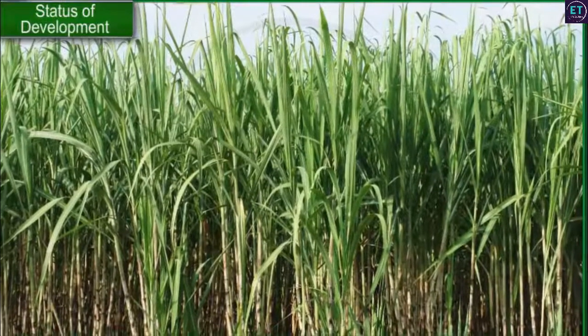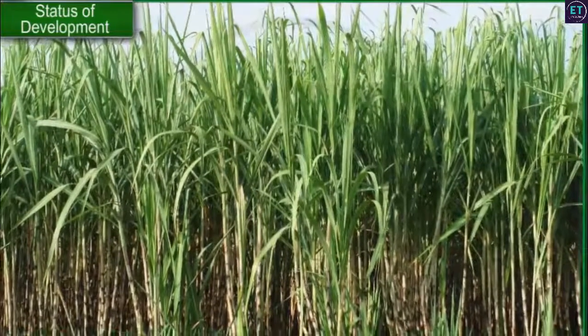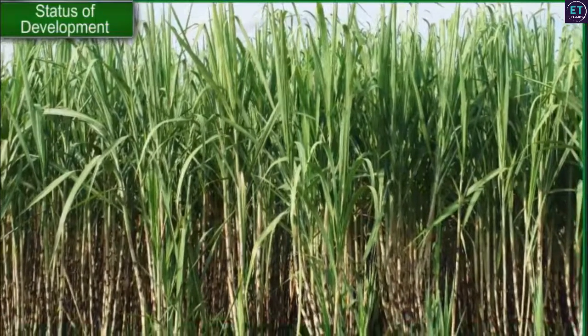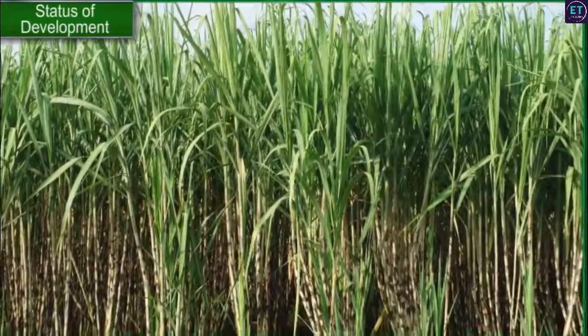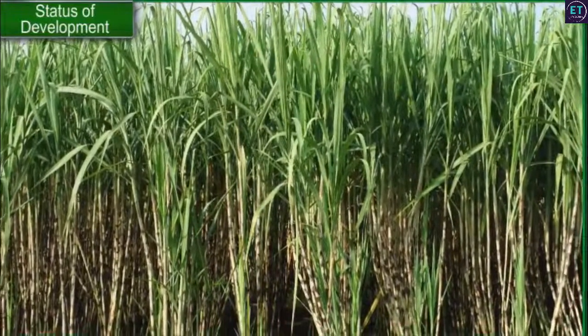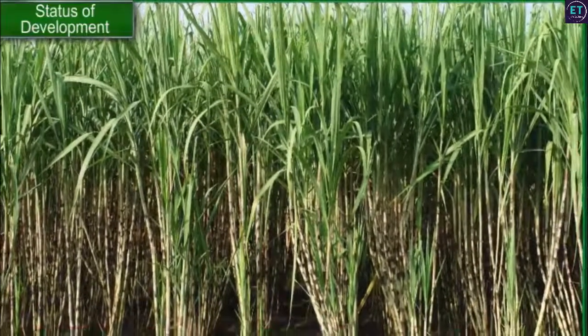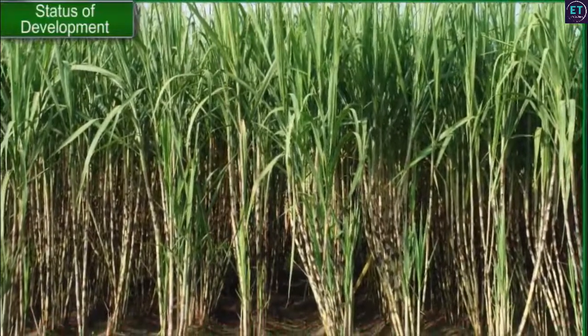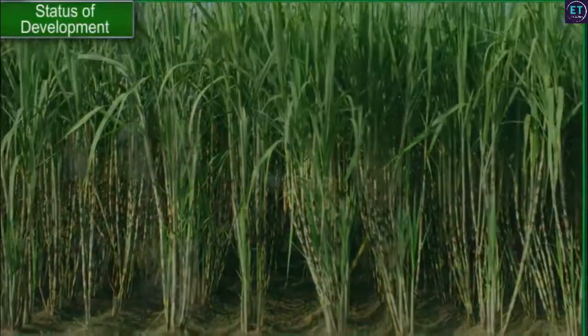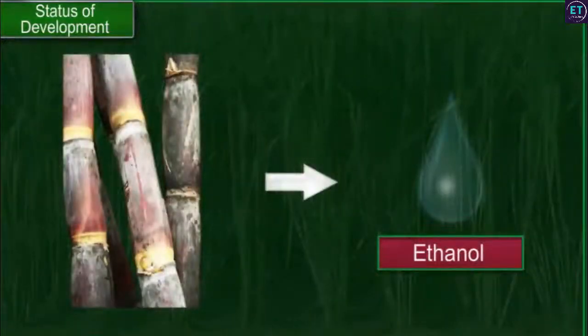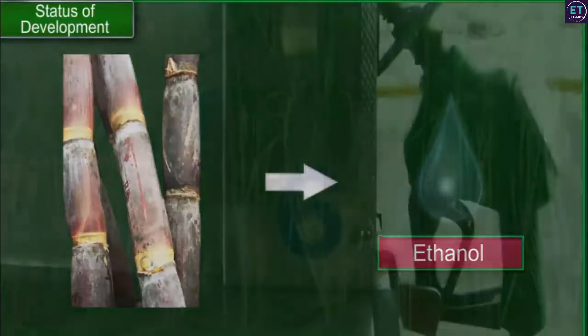On the other hand, reserves are a resource which is not being utilized to its full capacity, but it can be used at any time in the future. For example, ethanol. Ethanol is an alcohol extracted from sugarcane and can be used as an alternative motor fuel.